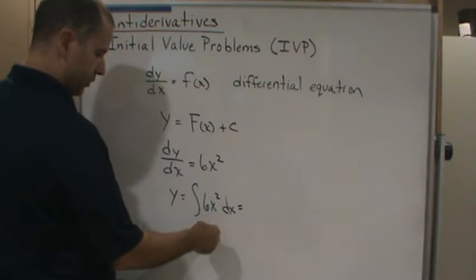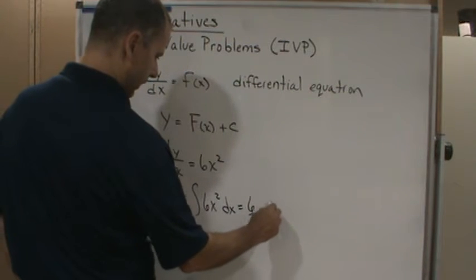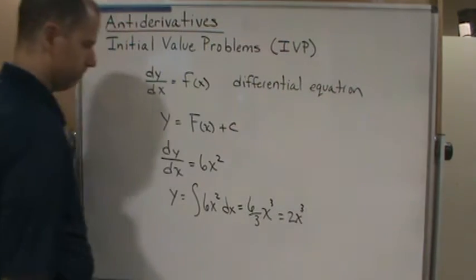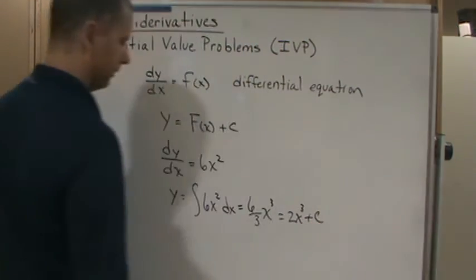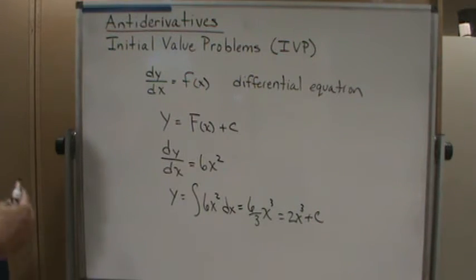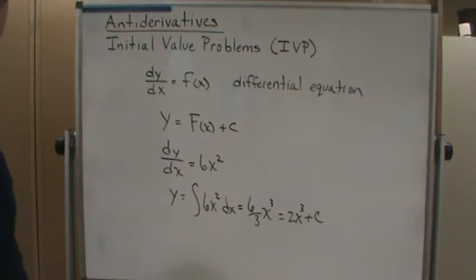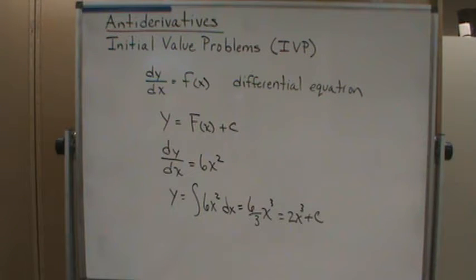So the antiderivative, again, using this would be 6 divided by 3 x to the third, or 2x cubed, okay? Plus c. And so this family of solutions, or family of functions, are solutions that satisfy the given differential equation. Okay.